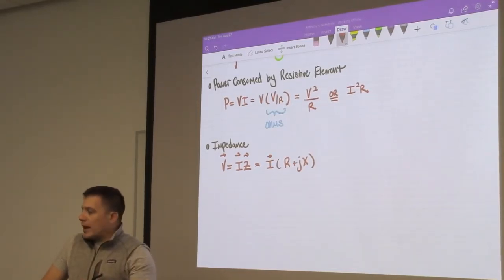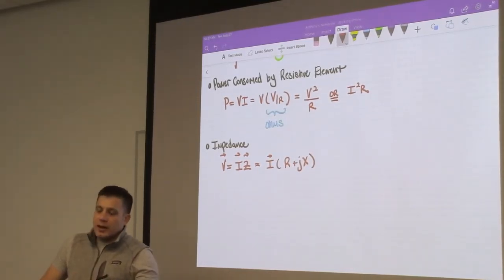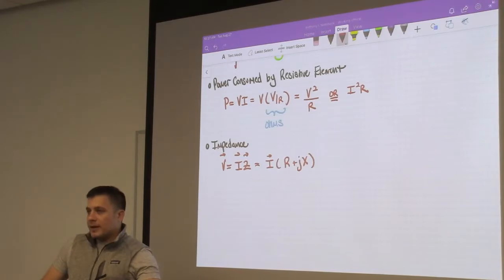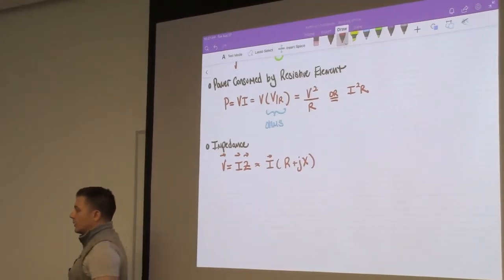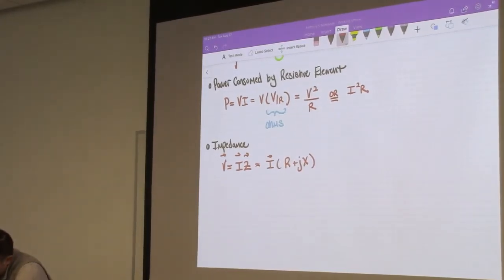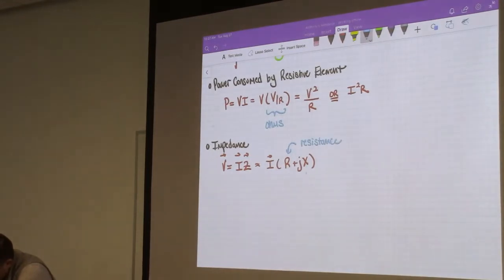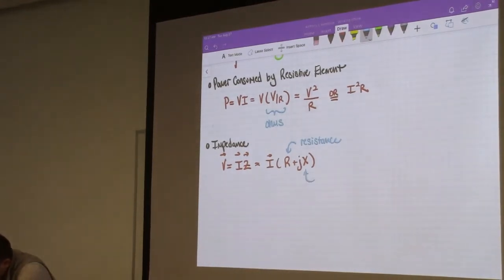For now, just be aware of what the values are and what they mean, and when we get to AC systems closer to the end of the semester, we'll give some more context. So the real portion of impedance is called resistance, and the imaginary portion is called reactance.